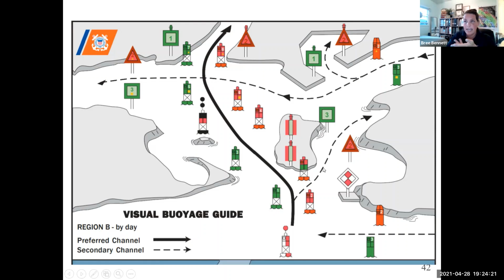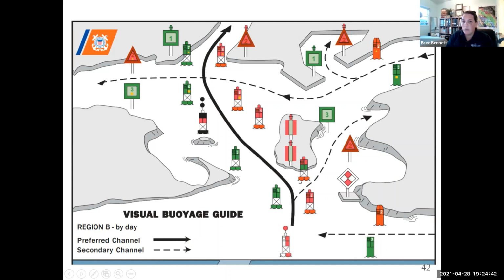That's still navigable if you're going that way for whatever reason it is. So you have this secondary channel, and how it is identified is by a bifurcation buoy. So this buoy here is our bifurcation buoy.